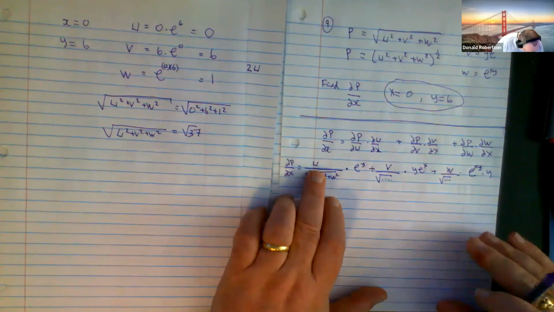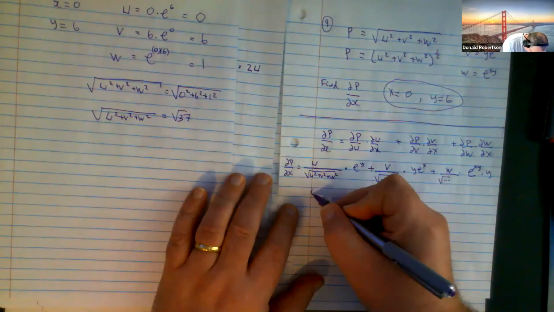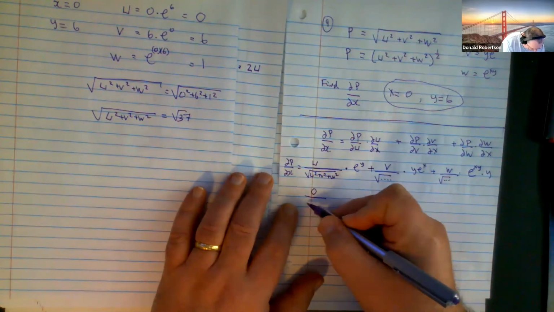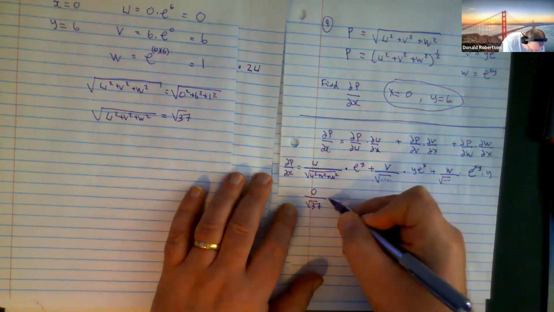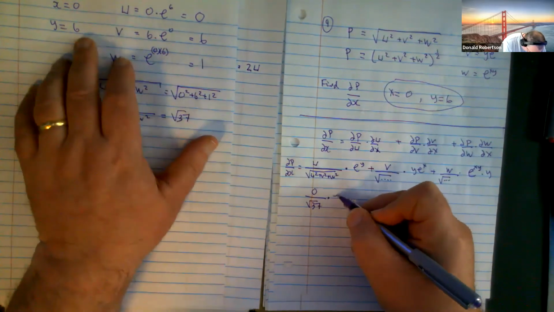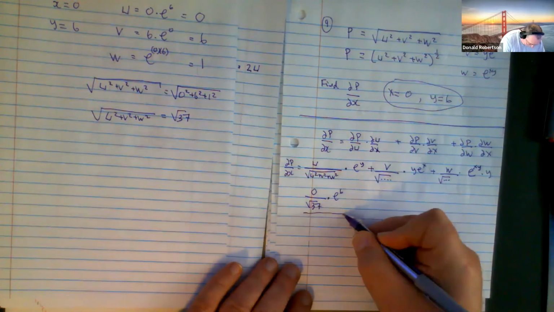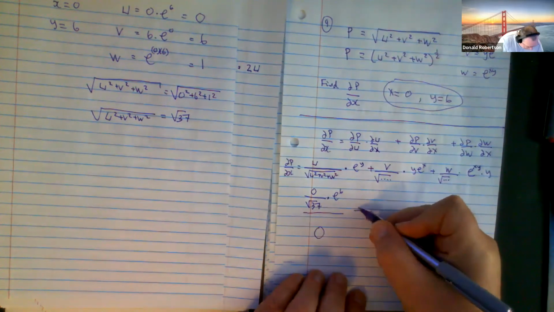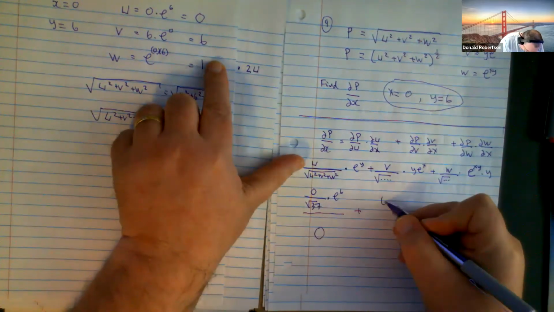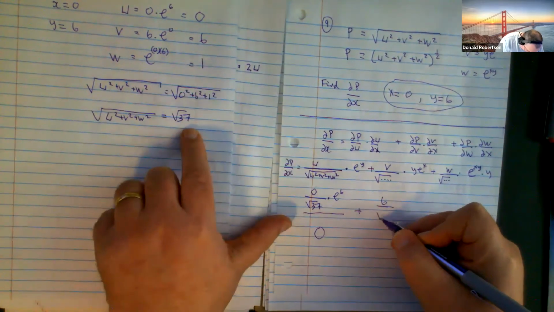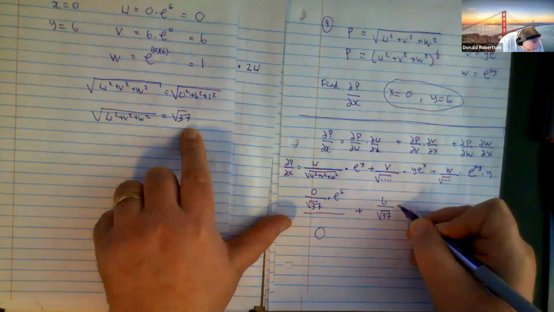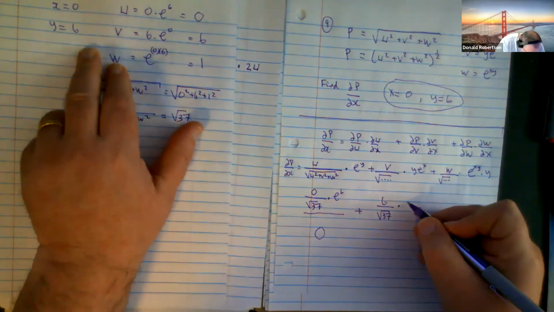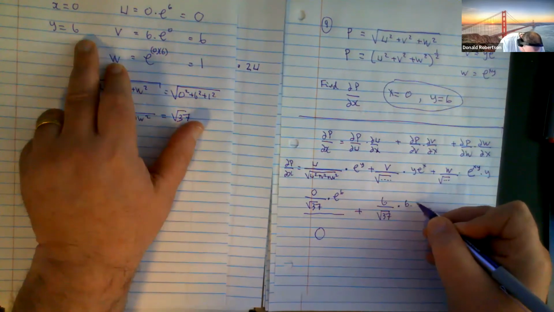So I've got a u, which is 0 over the square root of 37 times e to the y, which is e to the 6. But really, isn't all of that just going to be 0? Now, the middle one is going to be a v, which is 6, over a square root of 37 times a y, which is 6, times an e to the nothing.